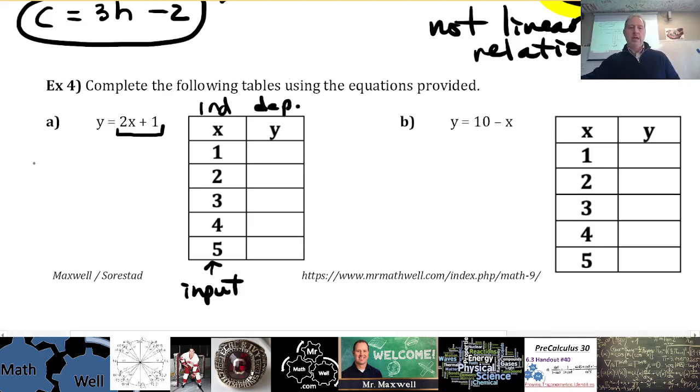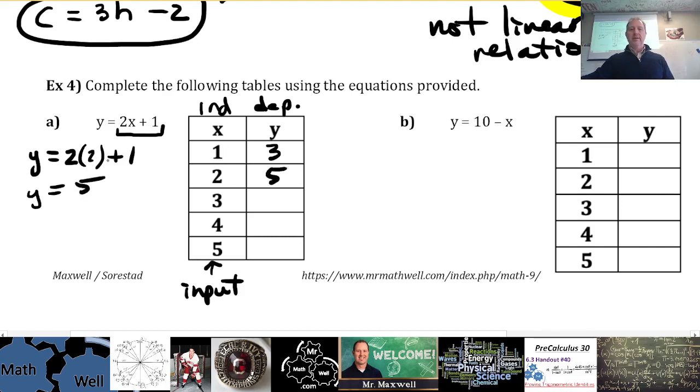So let's try that. I don't know what y is, but I do know what x is. So I'm going to insert 1 for the x there. Now I have a solid description of what y is. 2 times 1 is 2, plus 1 is 3. So you put a 3 right there. We do the same thing for the other x values. 2 times 2 is 4, plus 1 is 5.